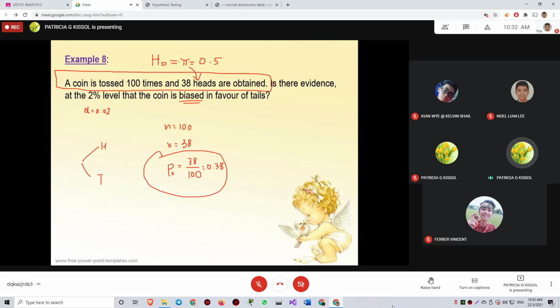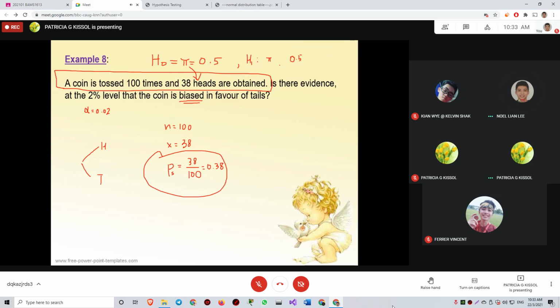So if your null hypothesis is 0.5, what is your alternative hypothesis? What is the symbol we have here? Because once you determine your hypothesis, then you know whether it's a one tail or a two tail.